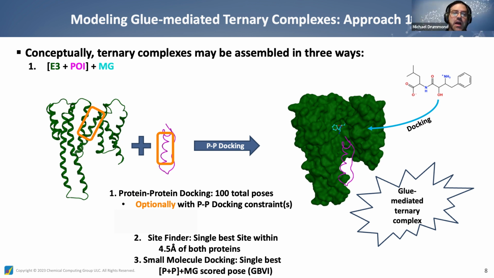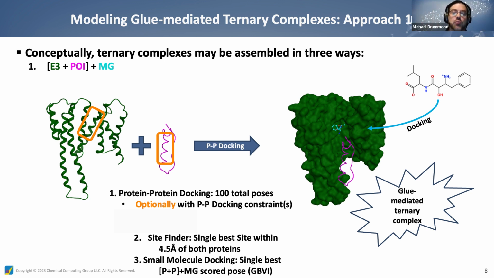So for example, if I think that this area of the green protein is really where the magenta protein is going to interact, I can enforce that with a constraint, and that would therefore remove some of these outlying poses where it's not interacting with that central portion of the green protein. It is optional, however, but if you do have that information, we do suggest that you give it to the simulation.